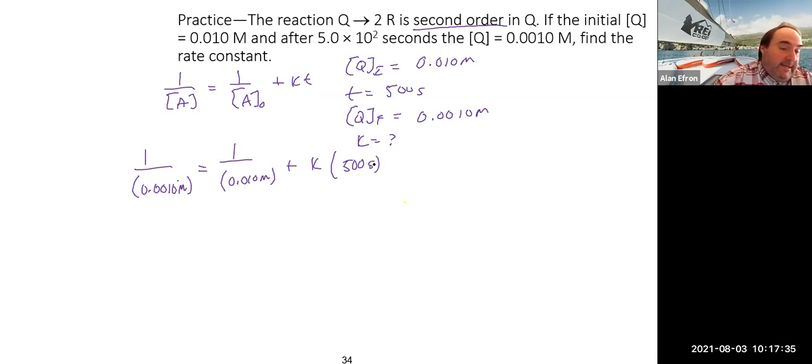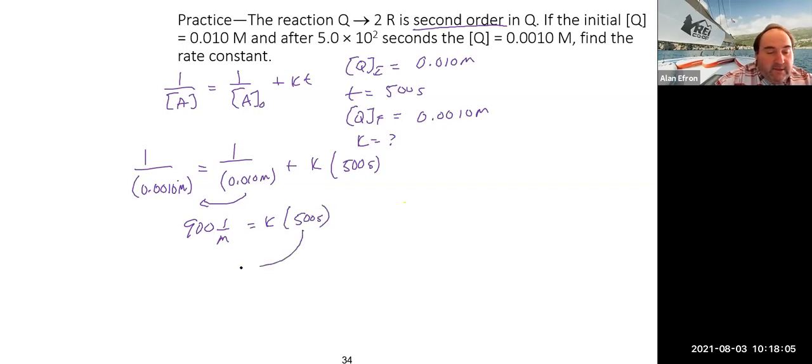500 seconds. Personally, I would take 1 over the left-hand side there, so 1 over 0.0010. Hit equals, then subtract this guy to the other side, which would be 1 divided by 0.01. That's going to give us a 900 over here, which, by the way, is 1 over molar in terms of units, equals K times 500 seconds.